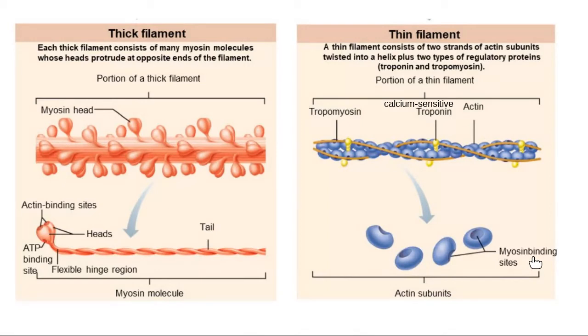So big picture, when you're thinking about the function of calcium in muscle contraction, the goal of calcium is to change the shape of troponin, which will allow tropomyosin to move, which will allow myosin and actin to interact with each other.